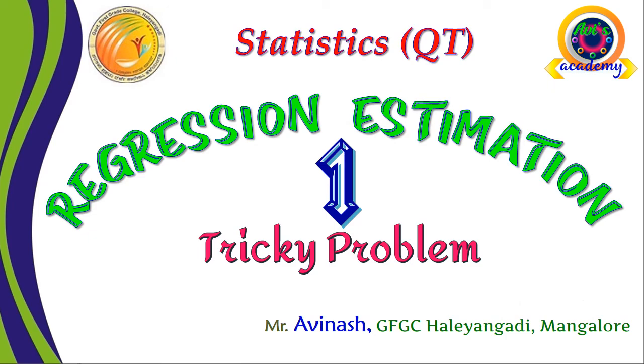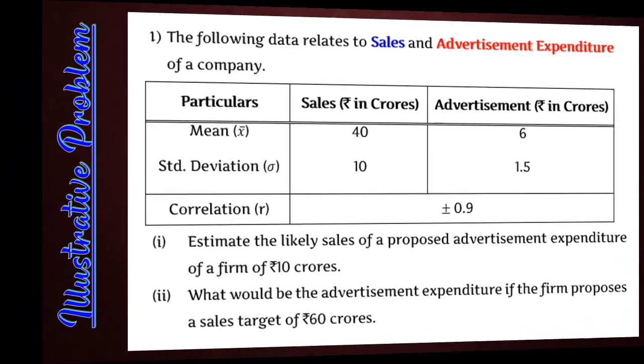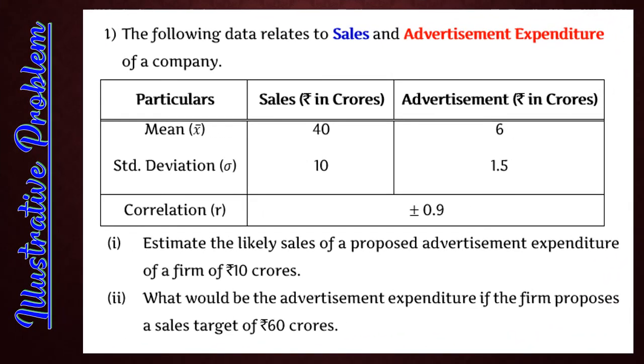Let's have a look at such an illustration now. This is our illustration. If you see the illustration, they have given a few pieces of information. They said the following data relates to sales and advertisement expenditure of a company, and then they have given information with respect to mean, standard deviation and correlation. So previously, they used to give the individual observations of the x and y variables.